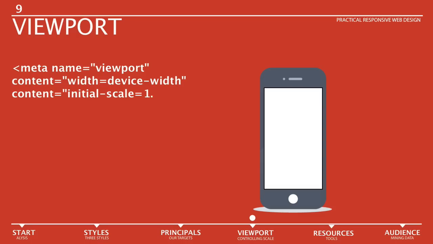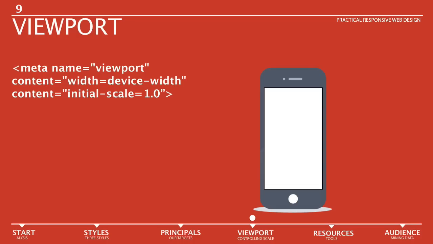We want to scale it at 1. So in this case, it doesn't shrink all of our site down and try to jam it all into the phone and make everything small, and then we've got to pinch and zoom. That's not going to be the case because we're using a responsive design, and we're keeping everything at a 1.0 scale, so it's all completely readable and you don't need to pinch.